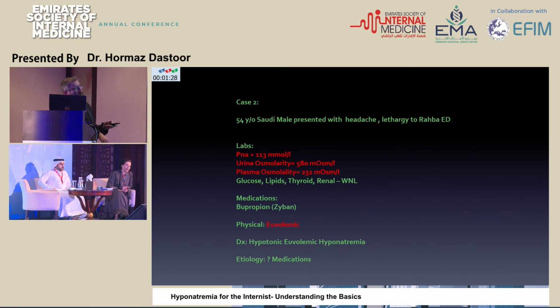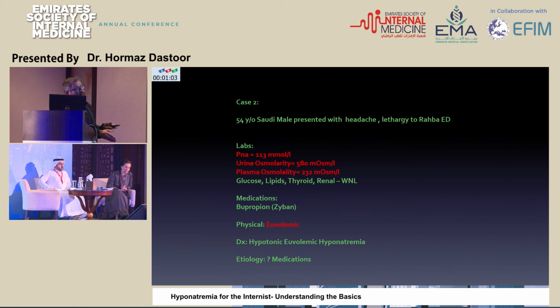The normal response with a sodium of 113 would be a suppression in your ADH. And you can measure that by checking the urine osmolarity. It should be less than 100. But this gentleman, his urine osmolarity is more than 100. It is 580.